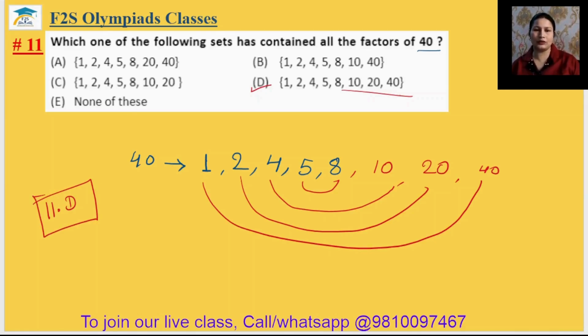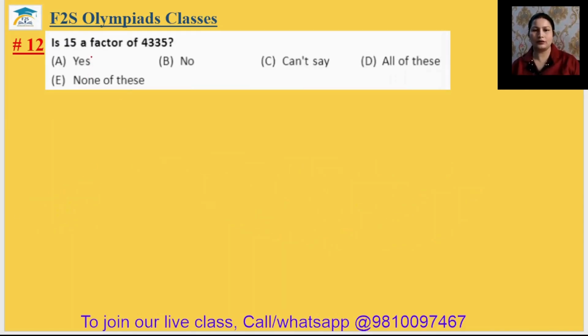Question number 12. 15 is a factor of which number? How can we check? By dividing it. So 4, 3, 3, 5. Let's divide it by 15. If it is completely divisible, then it will be a factor. Let's check it. 3, now 1, now 3 will come down. So 15. Now read the table of 15. 8 times.